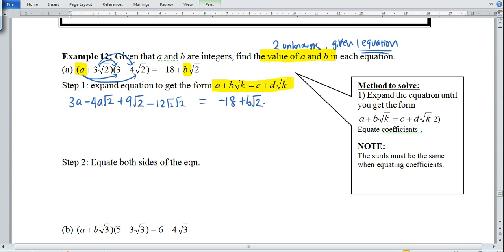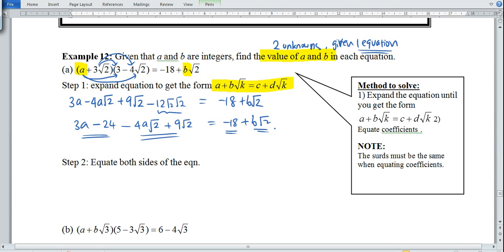If I were to simplify a little bit more, I have a constant here, 3a minus 12 times 2, which is 24, and I have my surd terms over here. Notice that I purposely write it in this form, with the constant first and the surd terms at the back.